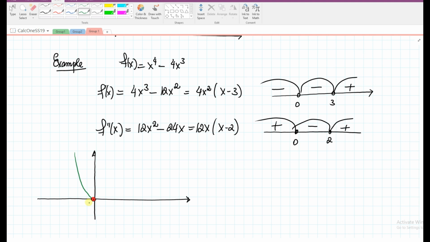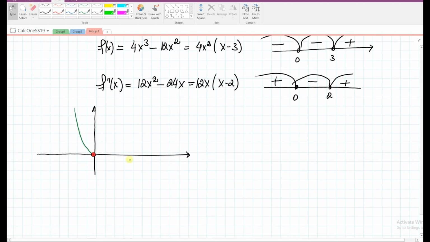But this is concave down. It should be like this, right? So it will be like this until 2.